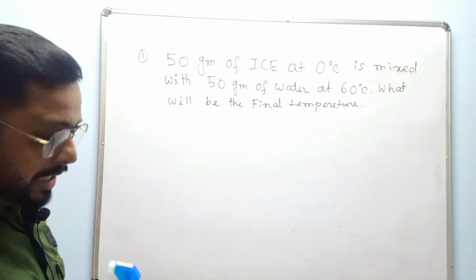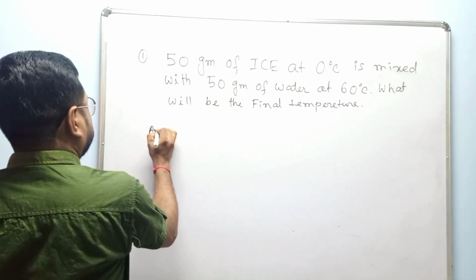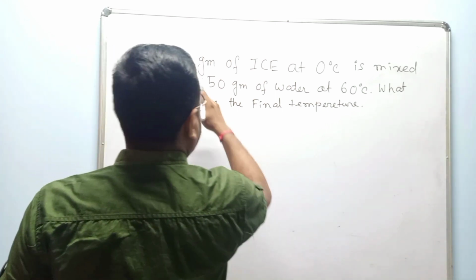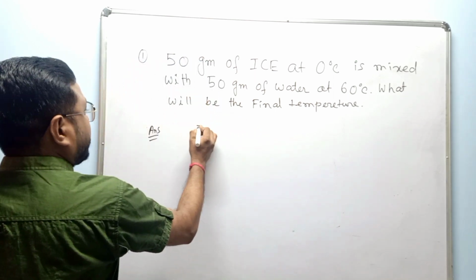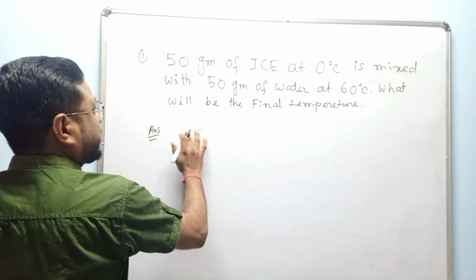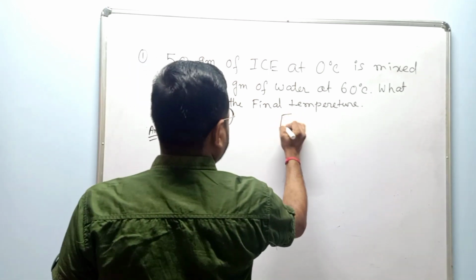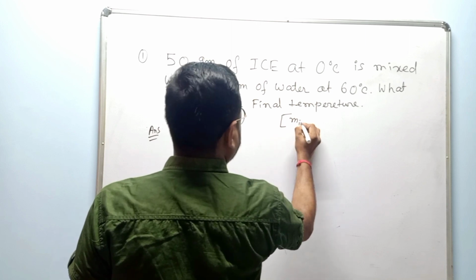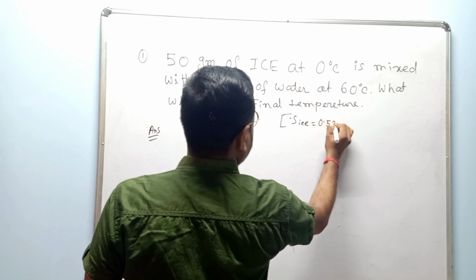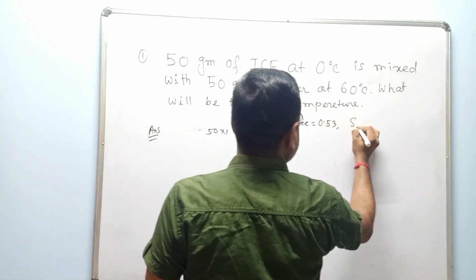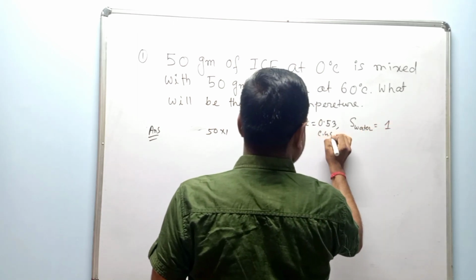Here we cannot say directly that if you think that 50 gram of ice at 0 degree centigrade, and the final temperature is theta, then for water it is 50 into 1 into 60 minus theta. The specific heat of ice is given as 0.53 and the specific heat of water is given as 1 in CGS, that is calorie per gram degree centigrade.